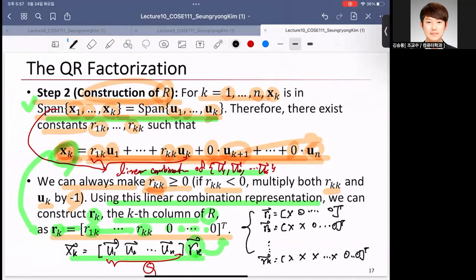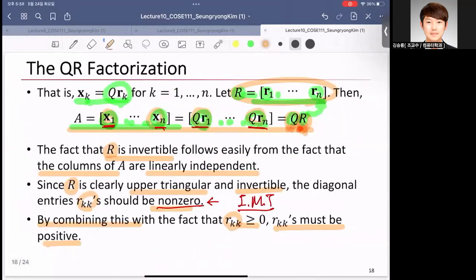So this is the shape of the vector RK. By considering all the vectors RK, we can build matrix R. Finally, matrix A can be factorized into Q and R. This is the QR factorization.